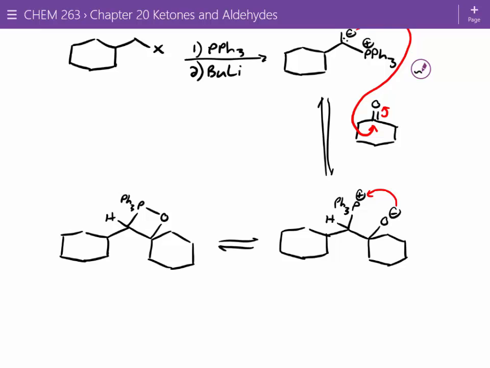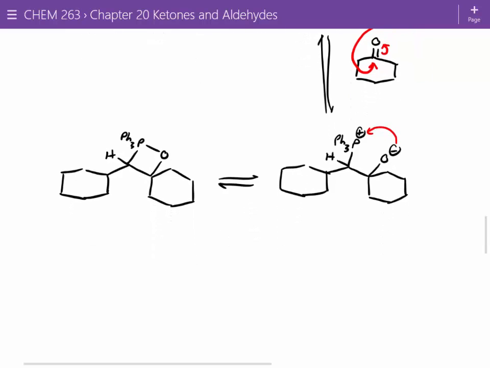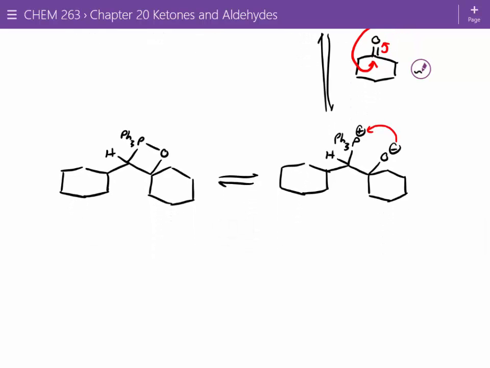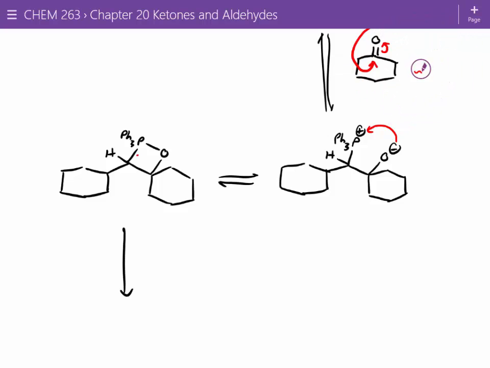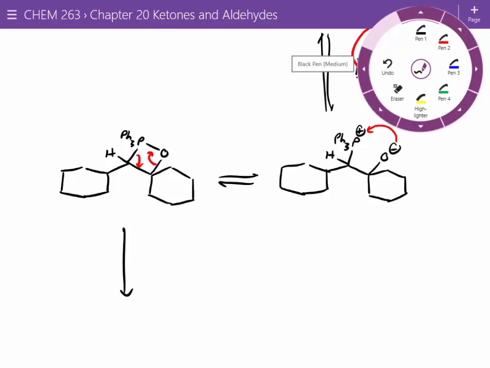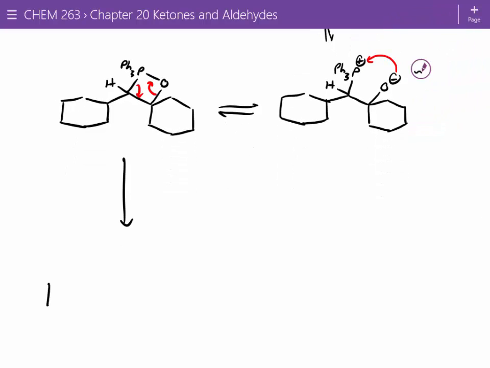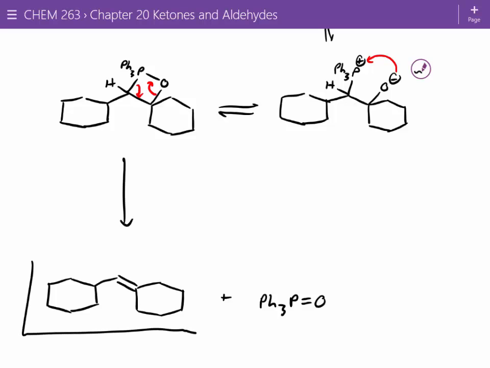The first step, because we're using such a strong base, you can show that as a one-way arrow. All right, so now we've got our oxaphosphetane. And this last step we said is actually a one-way arrow because we're snapping off that triphenylphosphine oxide. And we're able to get to our final product.